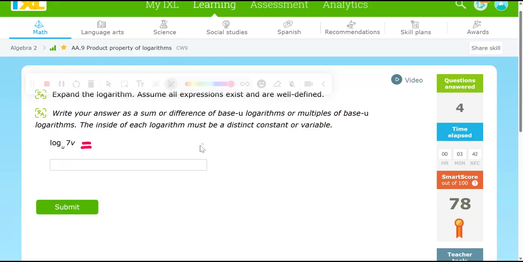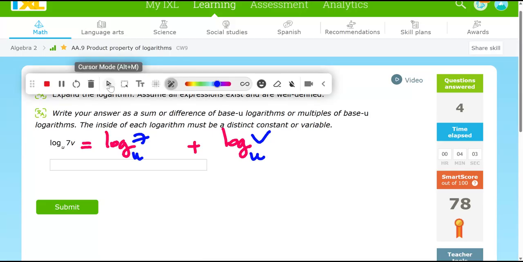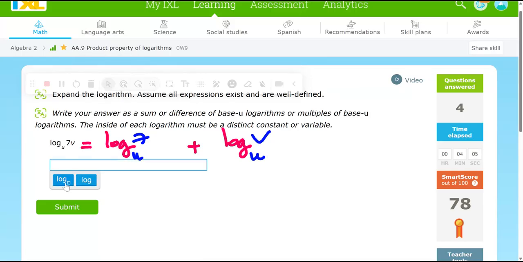So here we go. 7 times v, that's multiplied. So you break it into two separate blocks, but do not forget the base u. Then 7 up here, and v up here. Do not forget the base. Now I choose the first option because the first option comes with the base.